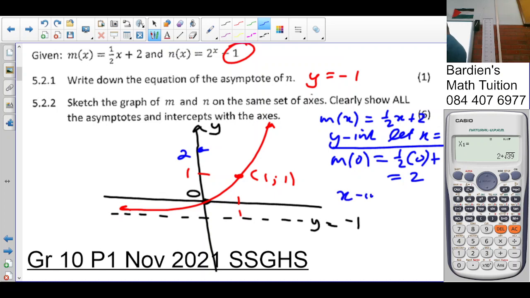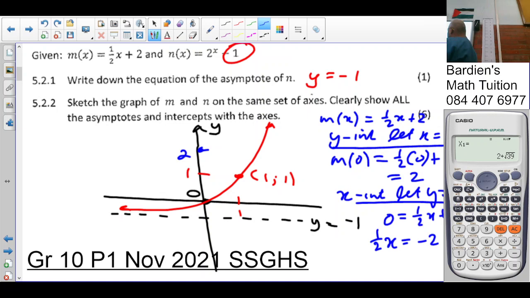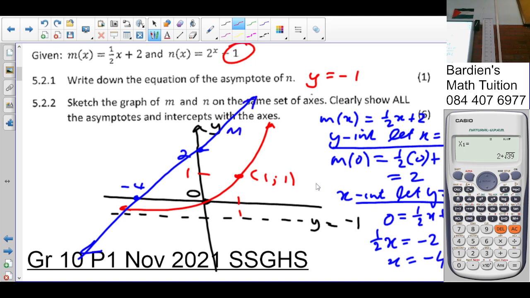What do you do for x-intercept? Let y equal to 0. So 0 is equal to half x plus 2. So half x is equal to -2, so x is -4. This is approximately here. We take a ruler and we draw a graph. There we go. This is the graph of m. This is the graph of n of x.